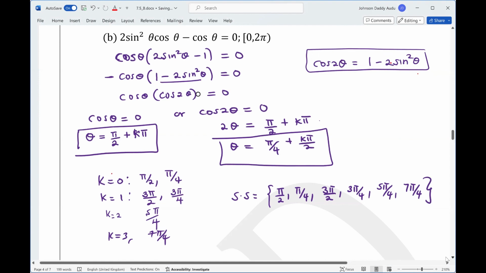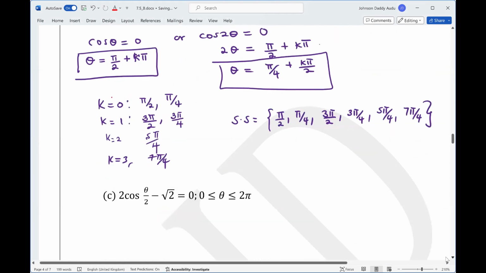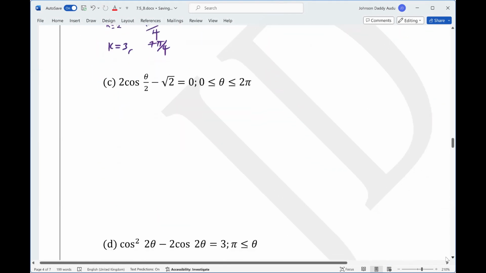All right, so let's move to the next question, which is cosine. This has to do with half angle, right? We have cosine squared. Okay, you have 2 cosine theta over 2. So similarly, we're going to approach it in the same way, but now knowing that we're dealing with half angle.